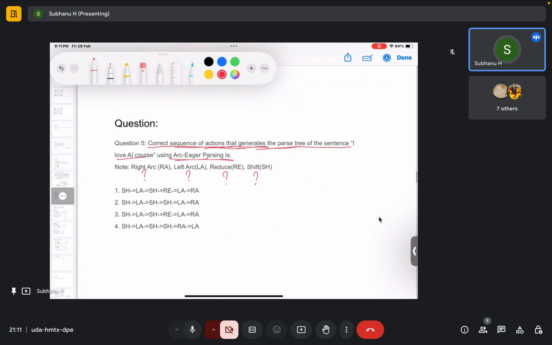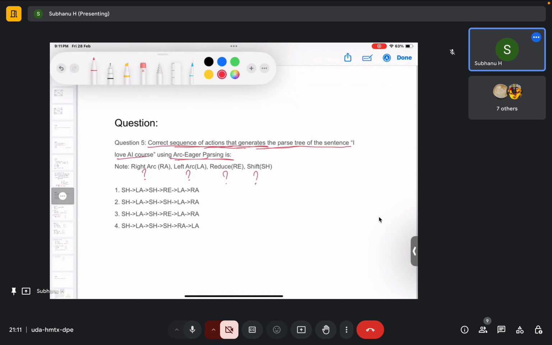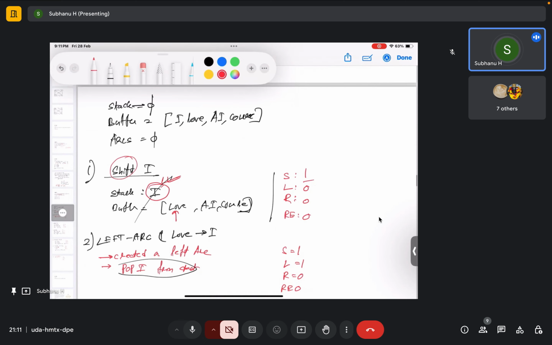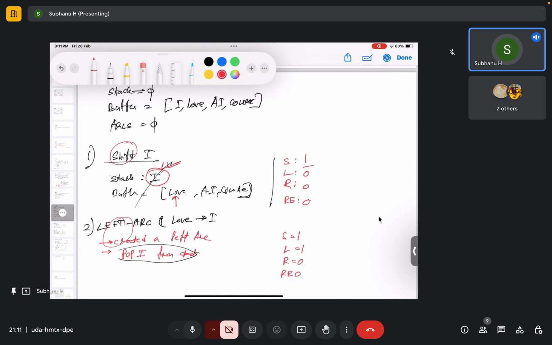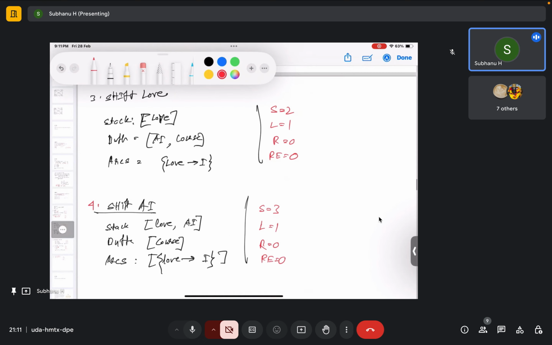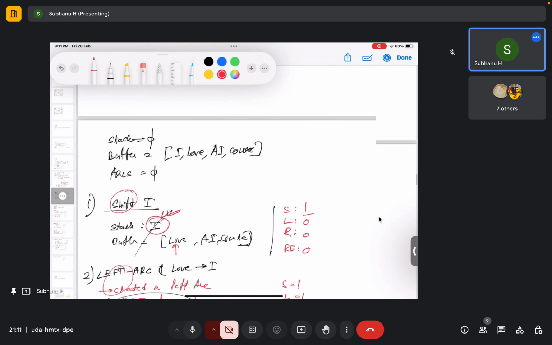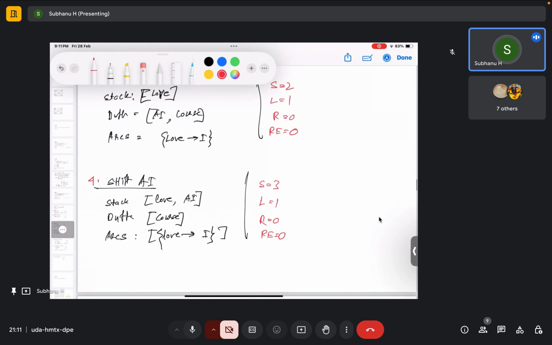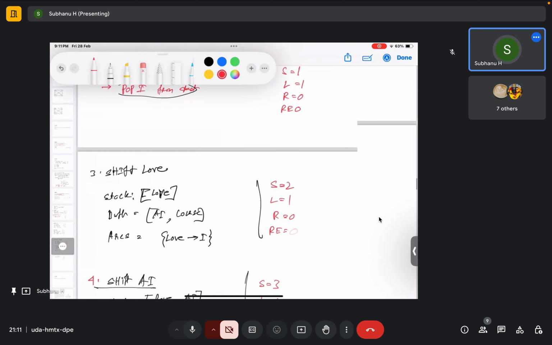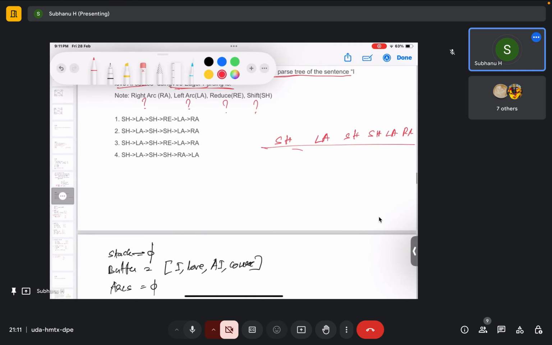And the correct sequence of this one is: first we have done shift, then shift, then left arc, then shift, left arc, then shift, then again shift, then left, then right, then reduce. So this should be the thing.